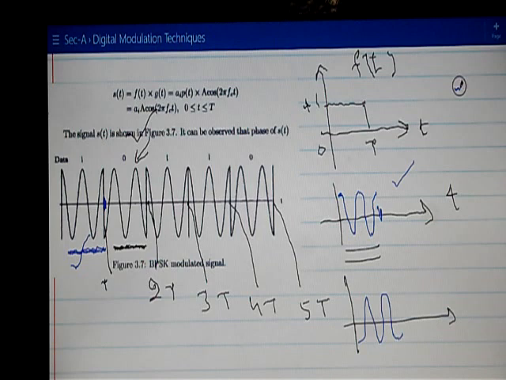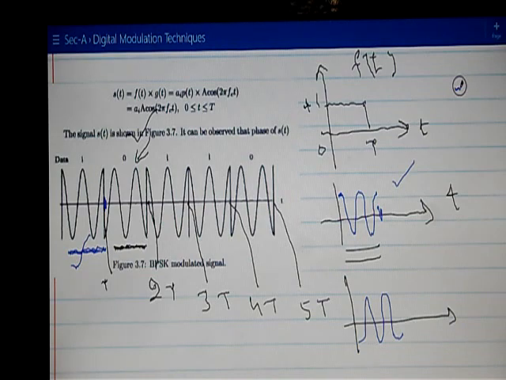So you can see that your 0 modulates the signal, and the phase is 180 degrees. Now this phase transition can be observed at instants t, 2t, 3t and so on.